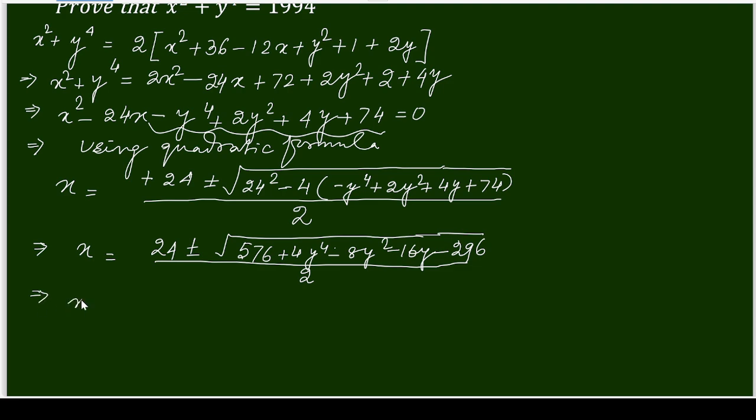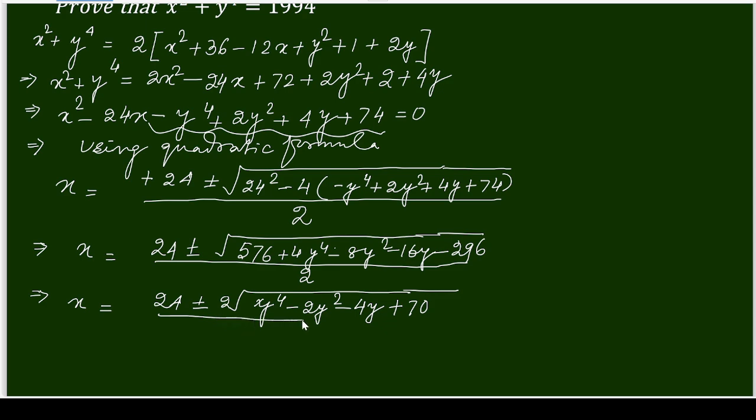So x will be 24 plus or minus 2 times the square root of y to the power 4 minus 2y squared minus 4y plus 70, divided by 2, so the 2 will be cancelled.